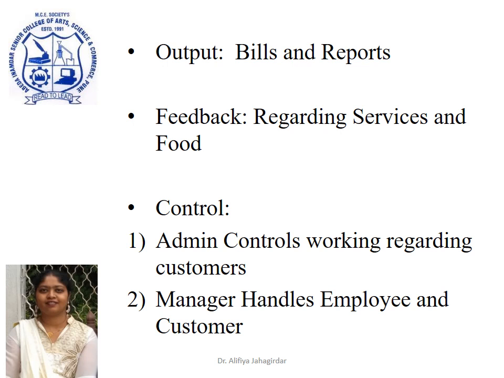Your hotel management system can have more elements or fewer elements on the basis of what you are talking about: a complete hotel management system including the restaurant, or only a restaurant. On that basis you can design your own elements.